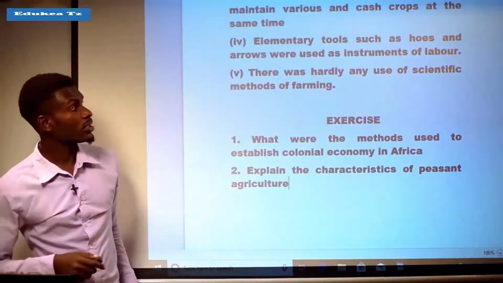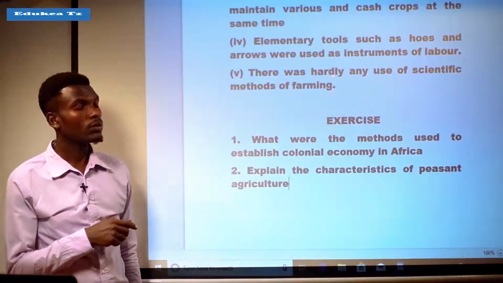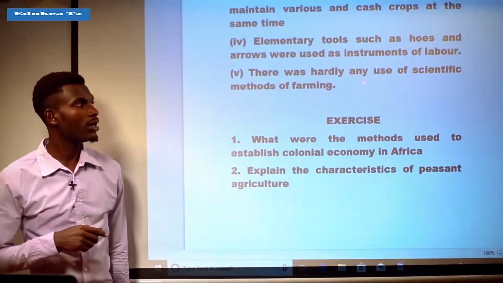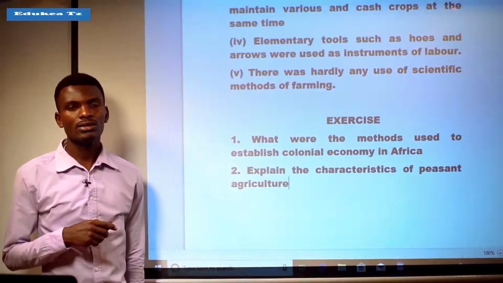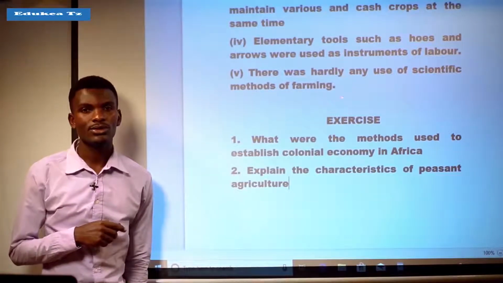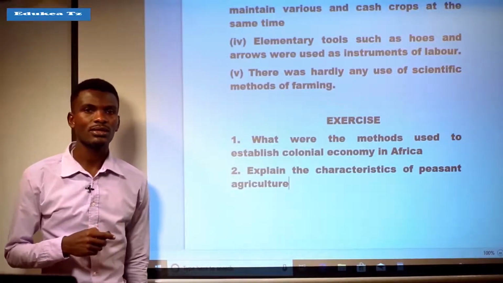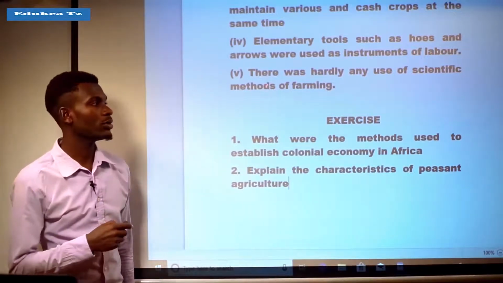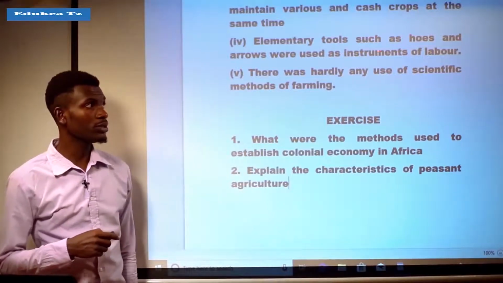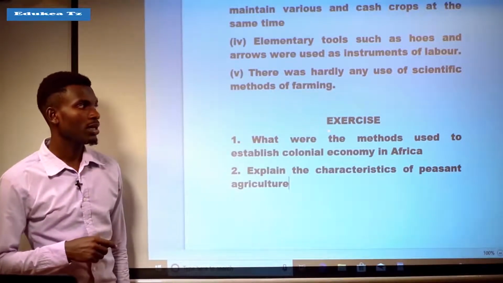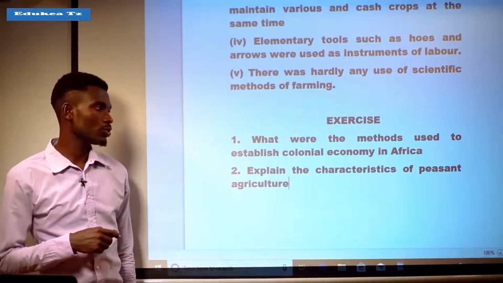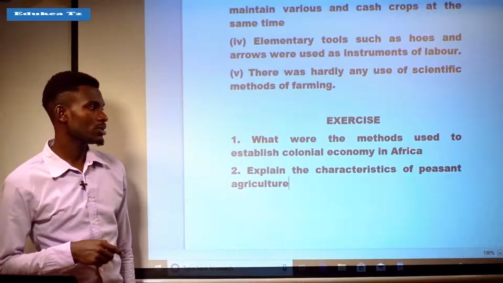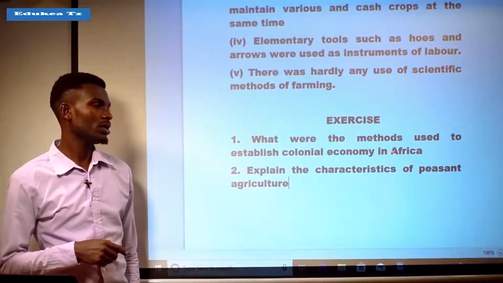So after looking at the characteristics of peasant agriculture, I would like to wind up there and give you an exercise to increase your knowledge and understanding of the agricultural systems that were introduced during the colonial economy. The exercise comprises two questions. The first is, what were the methods used to establish colonial economy in Africa?